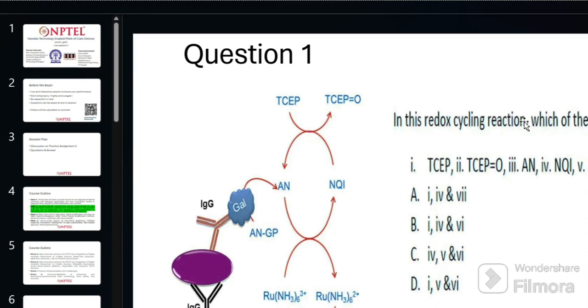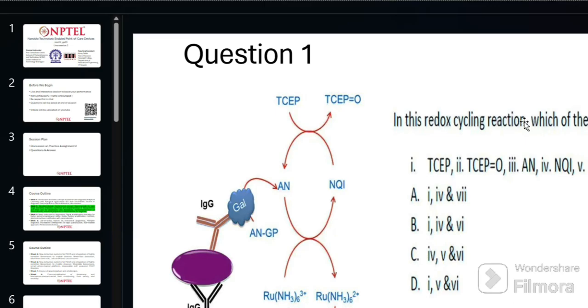In this question we are supposed to find what the starting materials are. We are given some options: TCEP, the reduced state of TCEP, AuNP, AuNP with gold nanoparticles, ruthenium in its two oxidized states, +3 and +2. We have to find out which are the starting materials in this reaction.